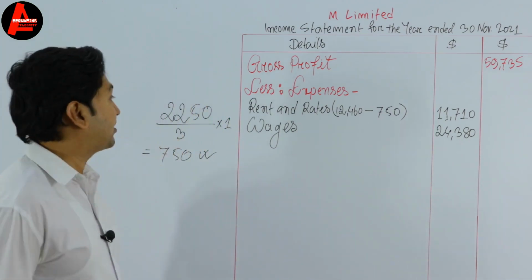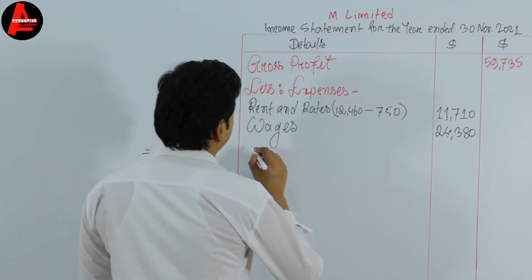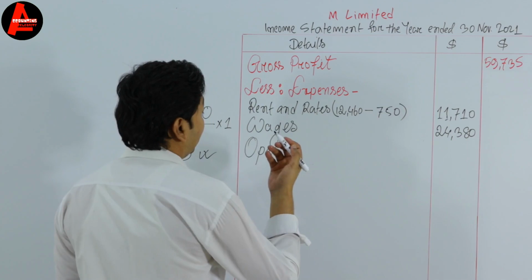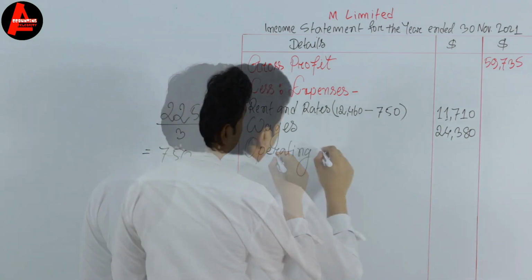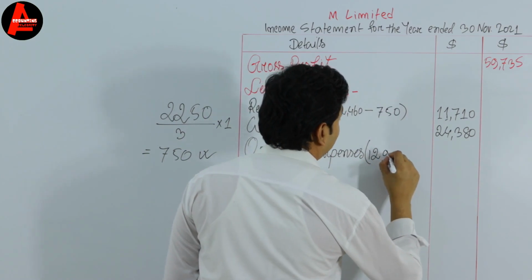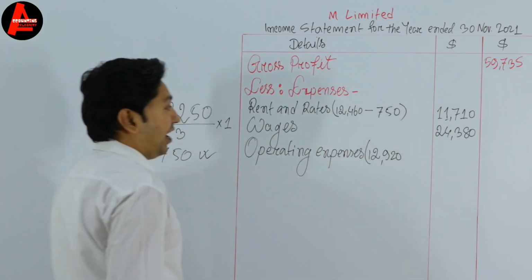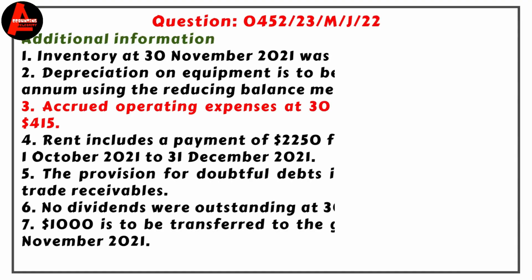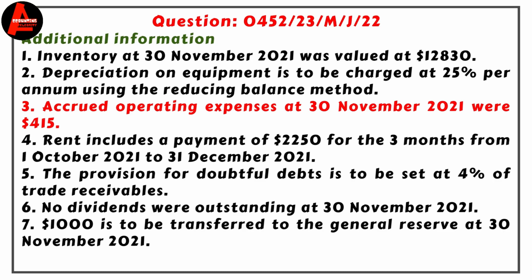Then in the question we have operating expenses, right? So it is also an expense, it will come here to calculate profit for the year. Operating expenses, it is $12,920. Again we wrote it here because we have an adjustment with this item. So here we see number 3, accrued operating expenses at 30 November 2021 were $415.